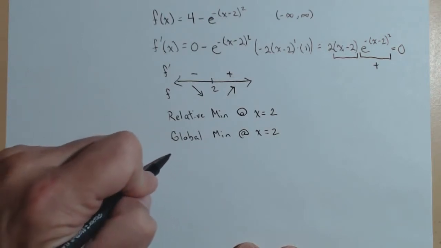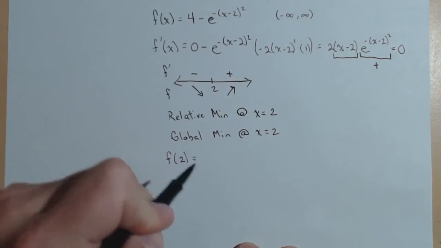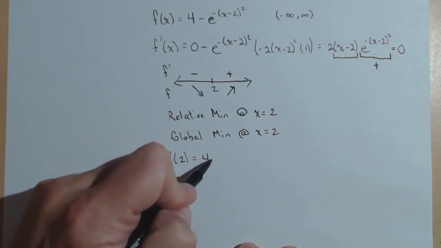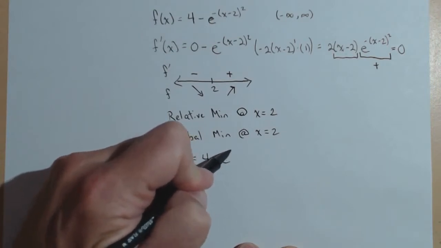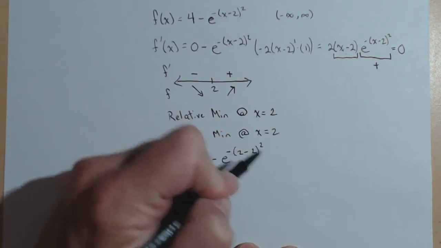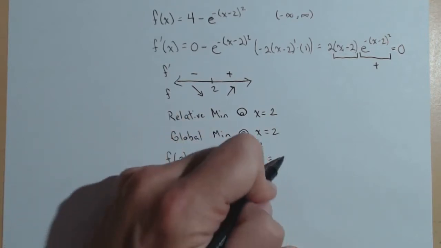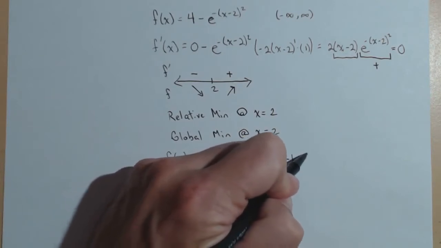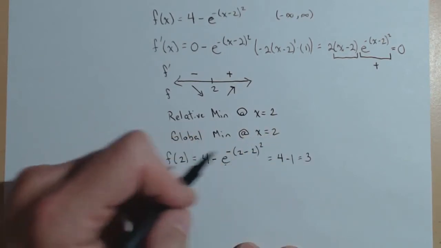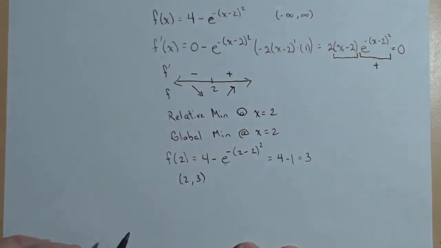Now, to figure out what that global min is, we need to evaluate our original function at 2. So 4 minus e to the negative (2 minus 2) squared. So that's just e to the 0, which is 1, so 4 minus 1, or 3. So we have a global min at the point (2, 3).